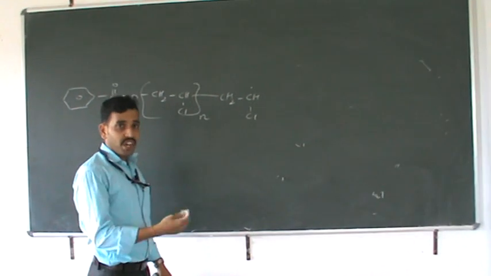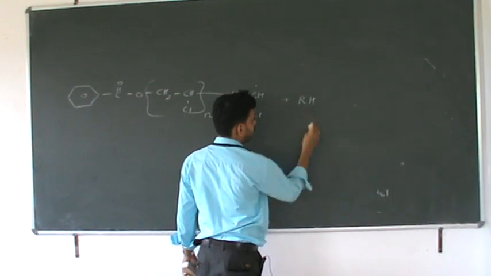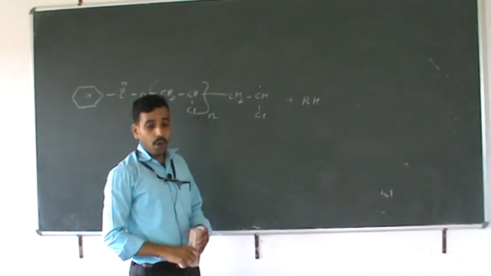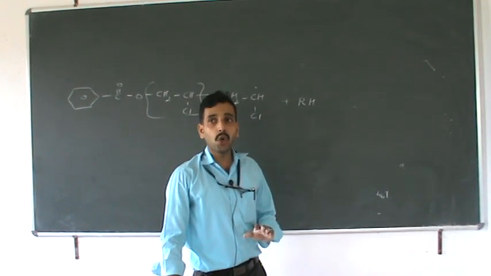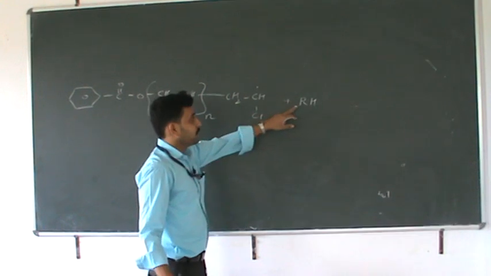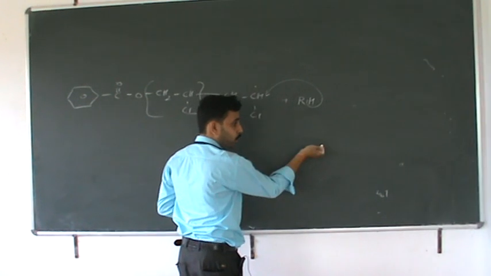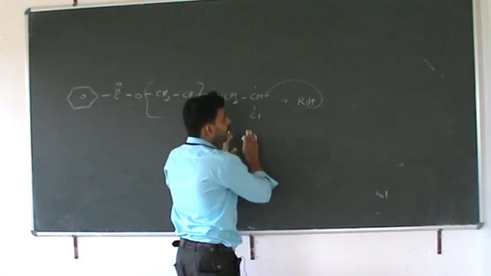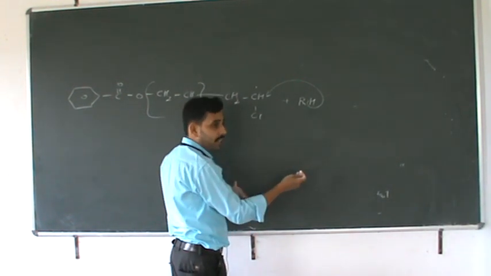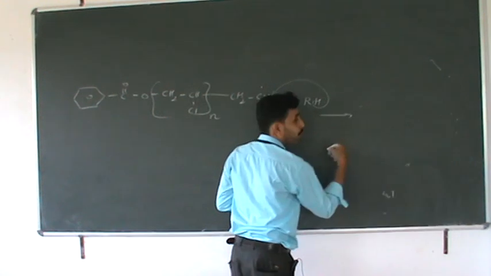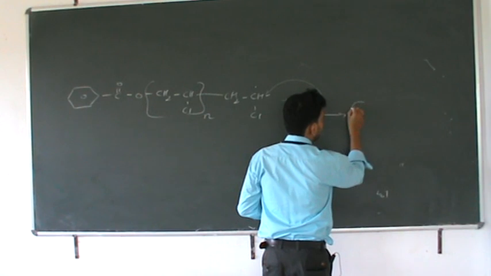After the propagation reaction, in chain transfer, either by the addition of new compounds, or by the addition of impurity or some other compounds, hydrogen is abstracted from another compound to the growing polymer chain, and the growing polymer chain is arrested, and simultaneously it generates another free radical. This free radical may initiate the polymerization reactions.